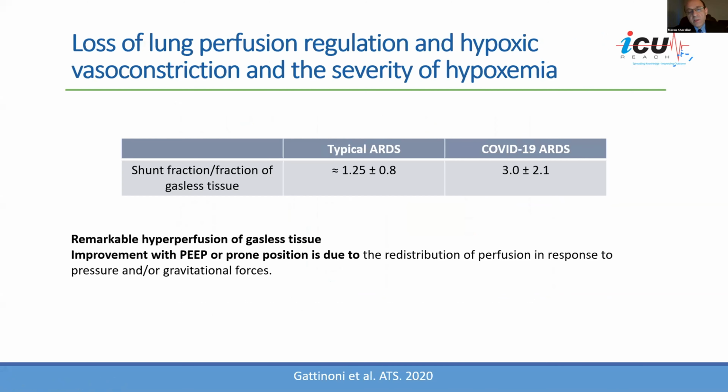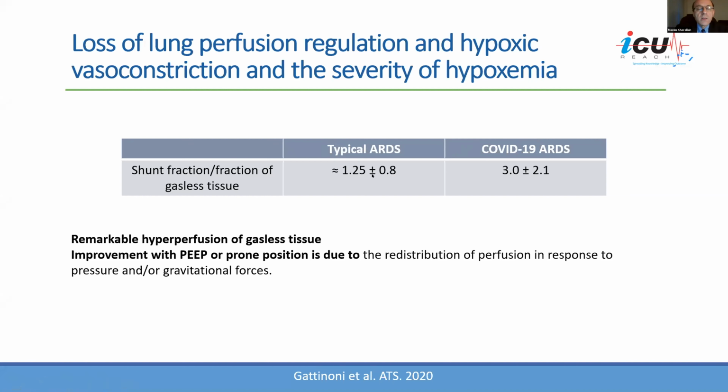At the same time, in the same article, they measured the shunt fraction relative to the fraction of gasless tissue. And this is typically in ARDS about 1.25. What they found in COVID-19 is 3.0. So it's almost 3 times higher, and this is towards shunting. So the shunt is much more severe in COVID-19 than in typical ARDS.